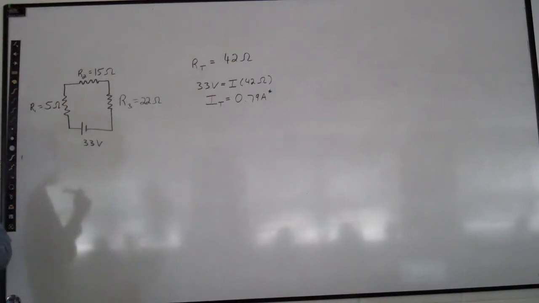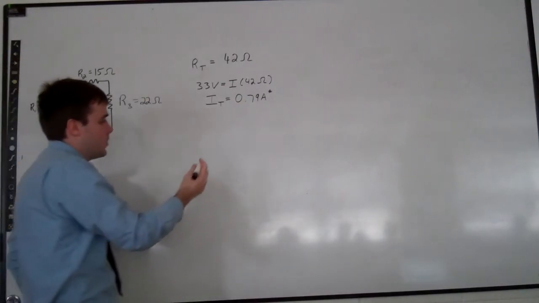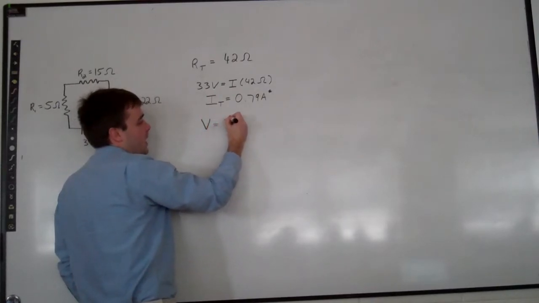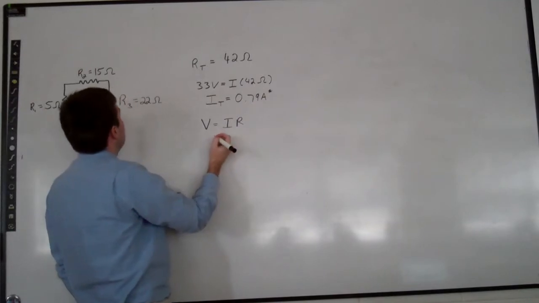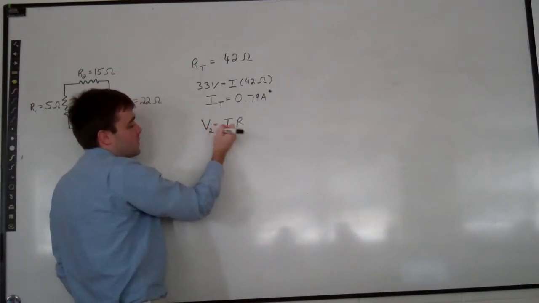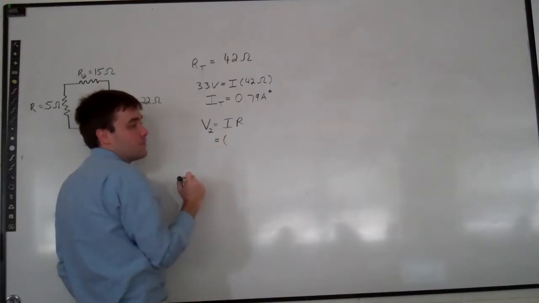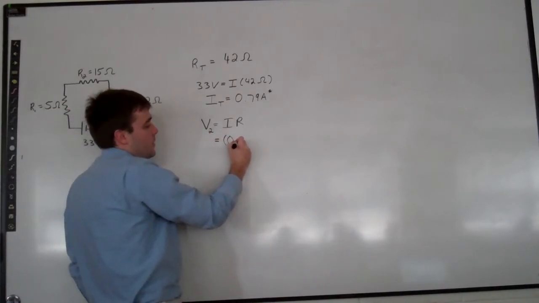How do you think we're going to find the voltage in that one? V equals IR. So the only equation we really have for these is V equals IR. We do V equals IR to find our voltage. So this is going to be the voltage through resistor 2, so I'll call that V2. What current are we going to use? 0.79 amps.